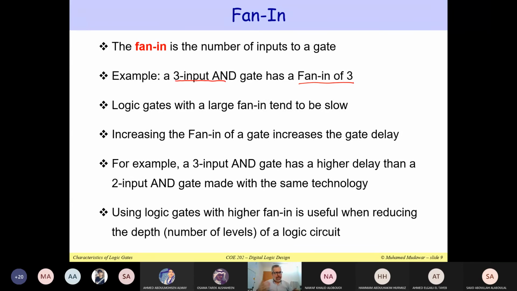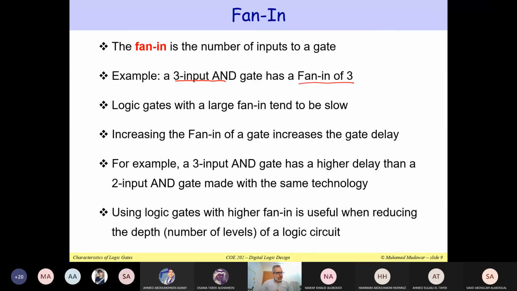Now, the problem with gates that have a large number of inputs is that increasing the fan in increases the gate delay. When you have a gate that has 10 inputs, this gate will be much larger than a gate that has only 2 inputs, and therefore the delay of the gate is going to increase.